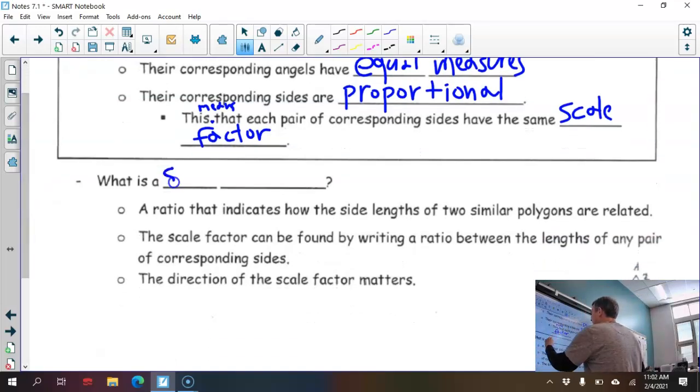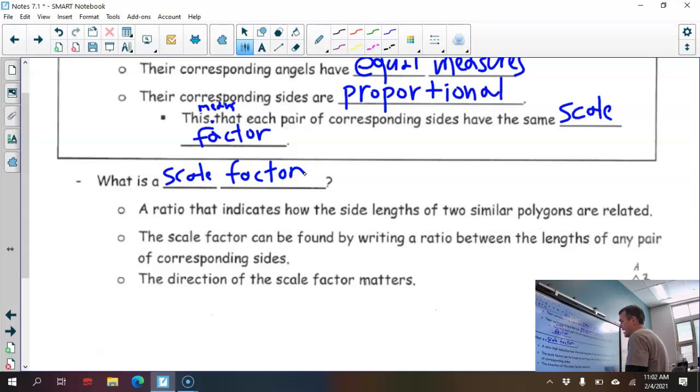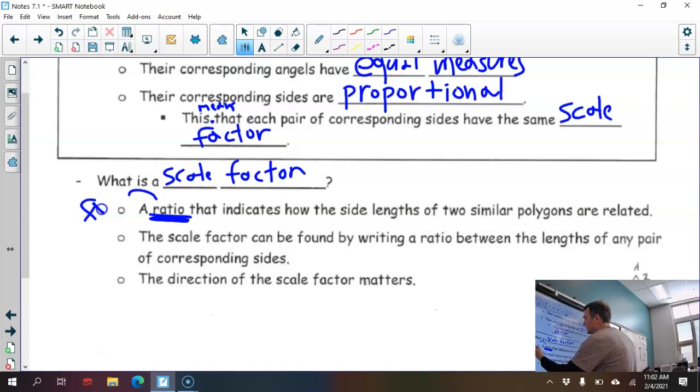All right, so what is a scale factor? A scale factor is a ratio. A ratio is a fancy word for fraction that indicates how the side lengths of two similar polygons are related.